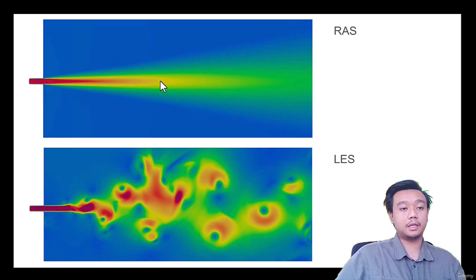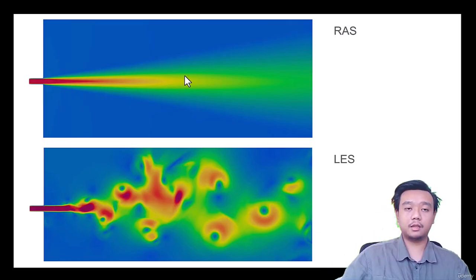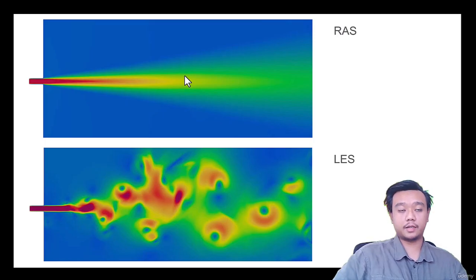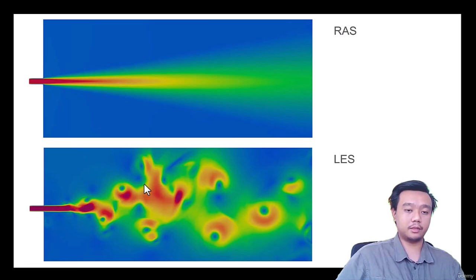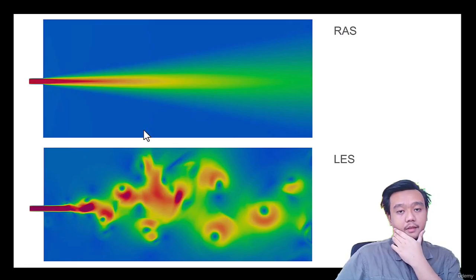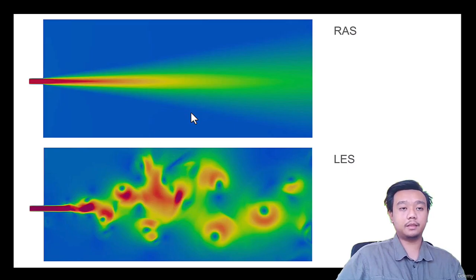So sometimes RAS becomes the most feasible if you have lots of variations, like maybe hundreds of geometries, and you want to just compare which is the best. But once you want to know the detail of the flow, LES will be beneficial. But the problem again with LES is if you have a flow nearby the wall, it will be problematic.